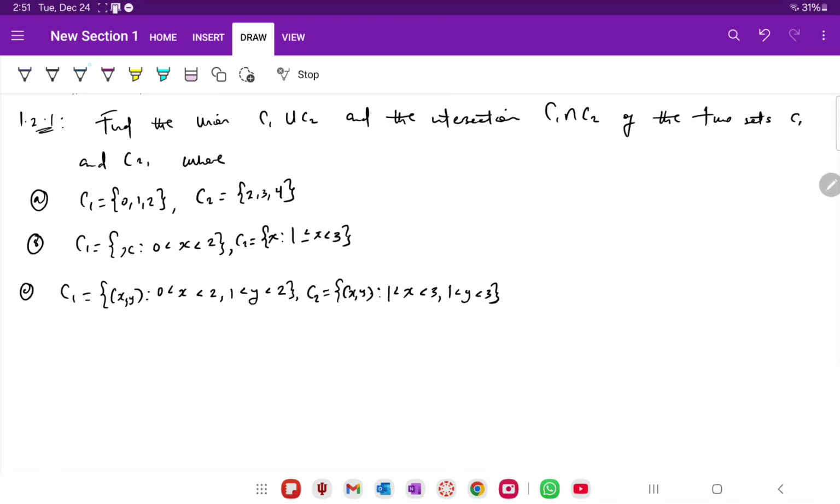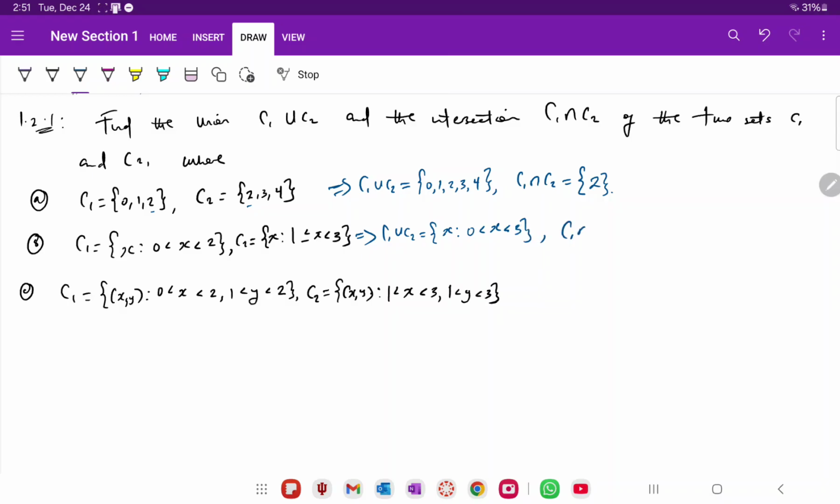So obviously the union of these two is {0, 1, 2, 3, 4}, and the intersection is just {2}, a singleton set. Then for B, C1 union C2 is x such that, from 0 to 2 and from 1 to 3, there will be 0 < x < 3.